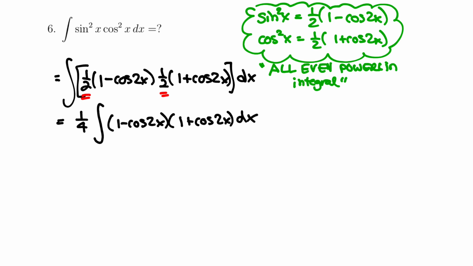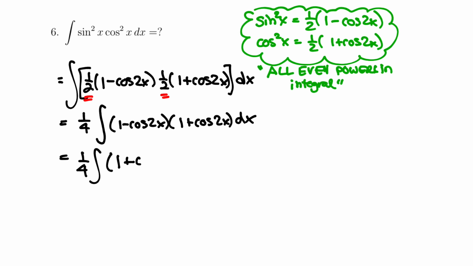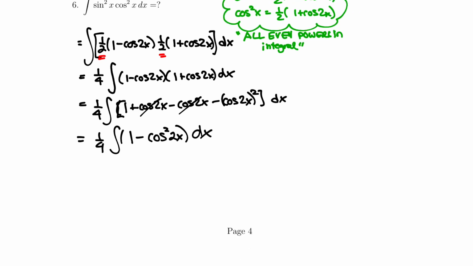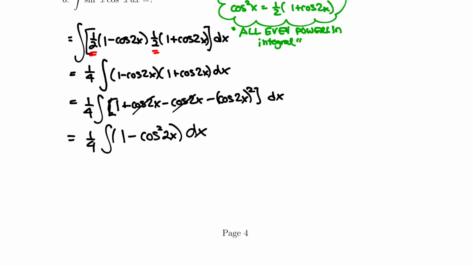If I multiply this out, we get 1 plus cosine 2x minus cosine 2x, which goes away, minus cosine squared of 2x dx. So if I FOIL it out, it just becomes 1/4 times the integral of 1 minus cosine squared of 2x dx. Are you with me? Okay.